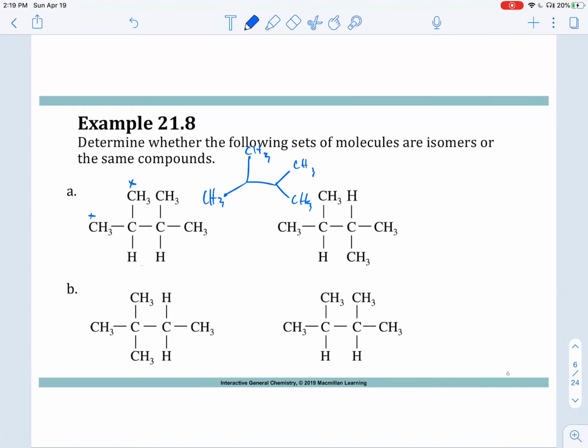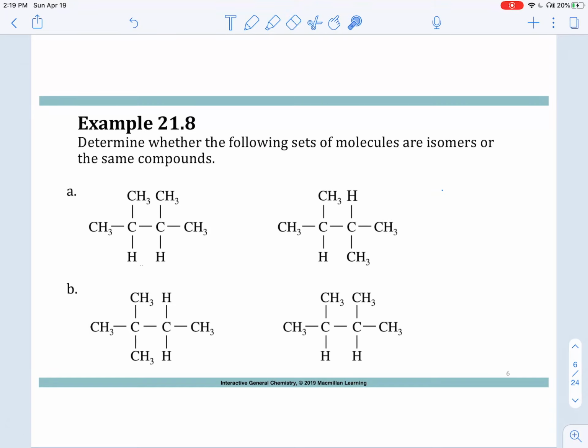If I were to spin this around, it would look exactly the same, except now I have my hydrogen up here and my CH3, CH3 down here. So all I'm doing is just spinning around this bond, spinning around that. That's all you're doing, same compound. So let's look at the next one and see.